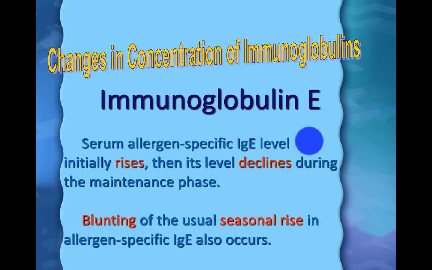Changes in the concentration of immunoglobulin E: serum allergen specific IgE level initially rises, then its level declines during the maintenance phase. Blunting of the usual seasonal rise in allergen specific IgE also occurs.